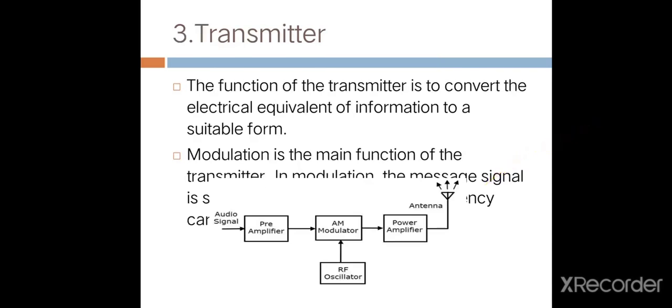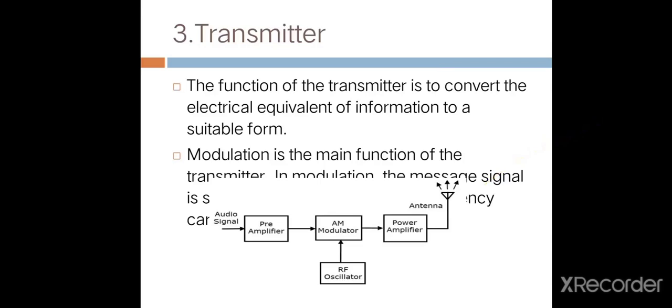Then the next block is the transmitter. The function of the transmitter is to convert the electrical equivalent of information to a suitable form. In the transmitter, modulation is the main function. Modulation means the message signal is superimposed upon a high frequency carrier signal.